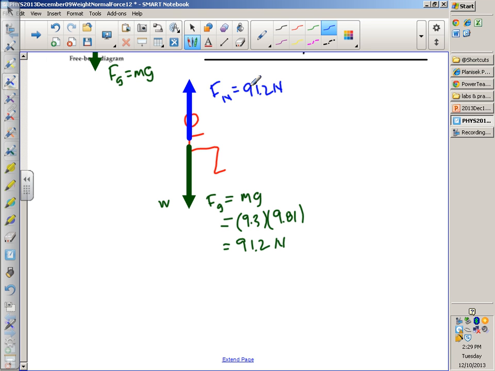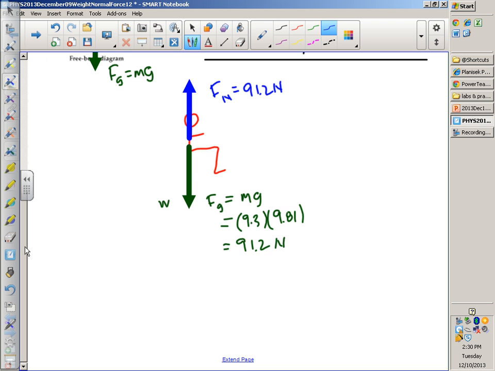If it was bigger than 91.2, what would start happening? There would be an upwards acceleration, because then we wouldn't have the forces balanced. So that normal force doesn't have to be at least as big as gravity. In this case, it has to be exactly as big as gravity, so that the net force equals 0. Good there?